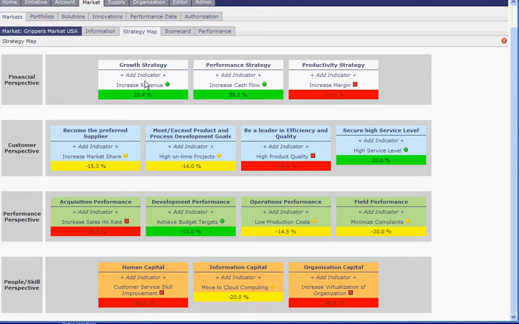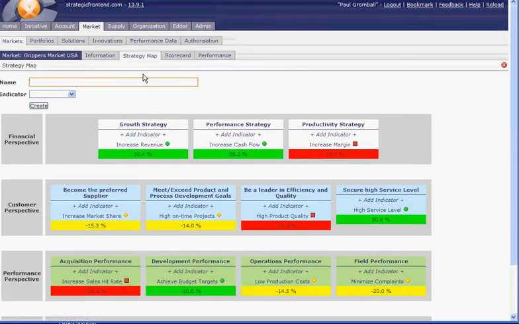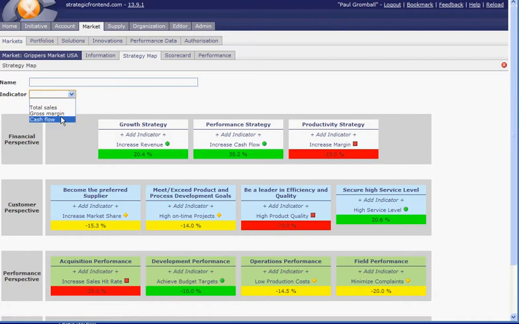And also you can always add indicators, like here, add indicator, then you see name, and this indicator comes from the objectives and measures you have defined and key performance indicators, which come from the Balanced Scorecard.